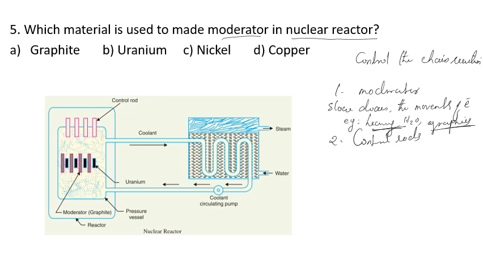Another one to control the nuclear reaction is the control rods. Control rods are a type of rods which are provided at the nuclear reactor. The function of the control rod is to absorb the electrons. Simply we can say they will eat electrons, and thereby they will reduce the number of electrons, and the chain reaction will get controlled by the control rods.